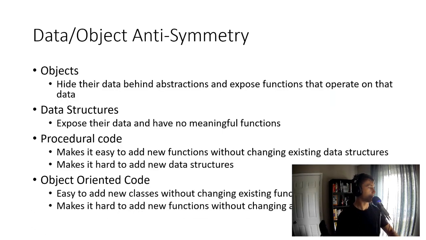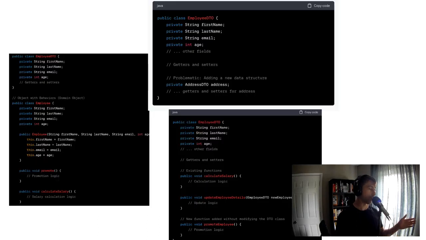Makes it easy to add new functions without changing existing data structures. So top right, I'm adding a data structure, problematic because other functions are going to have to change. Bottom right, you're adding a new function, totally fine. You don't have to modify the DTO class for that.